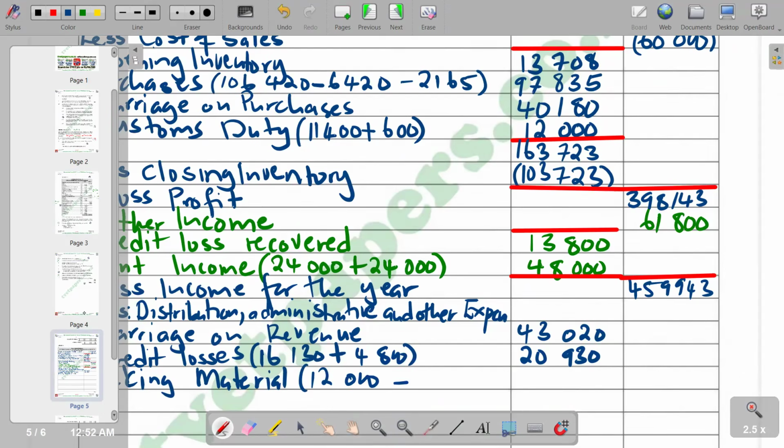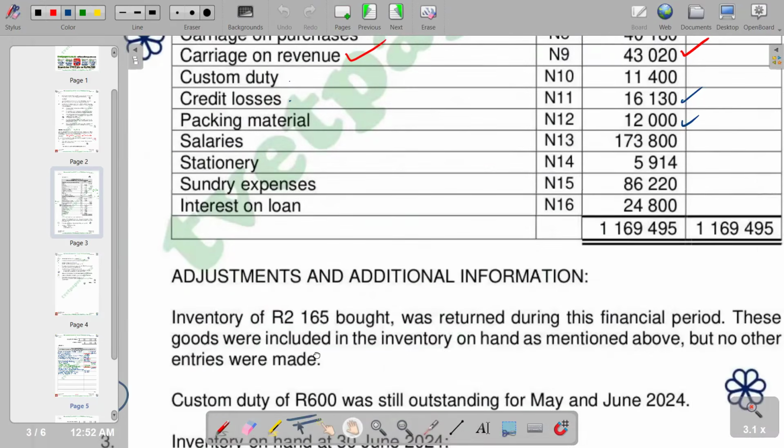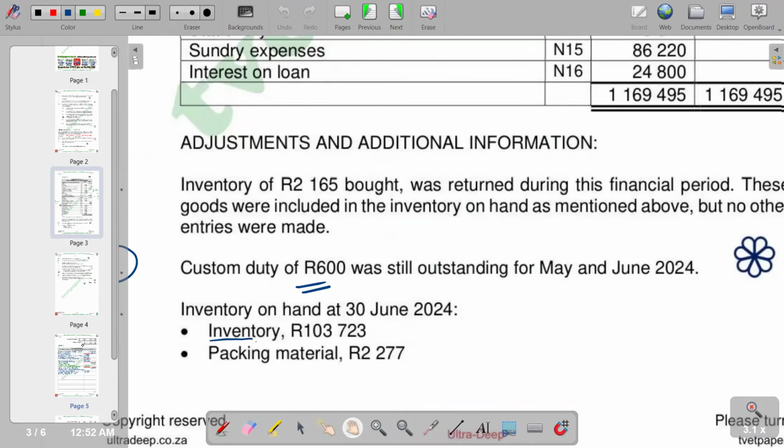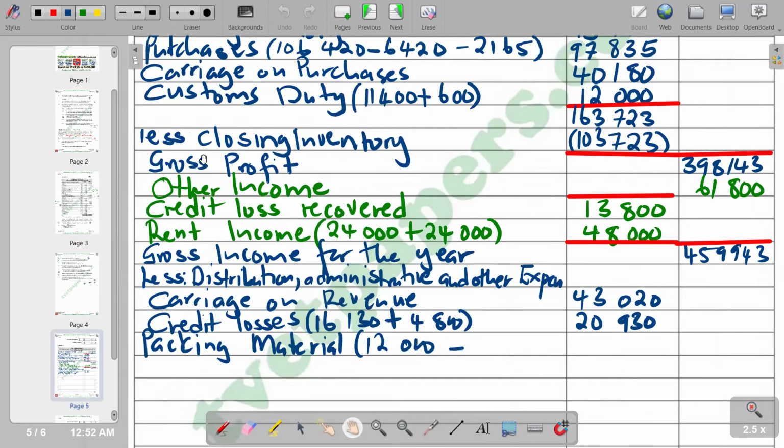Then we subtract what is remaining at the end of the period, 2,277. And then we try to calculate to see what we are supposed to get.